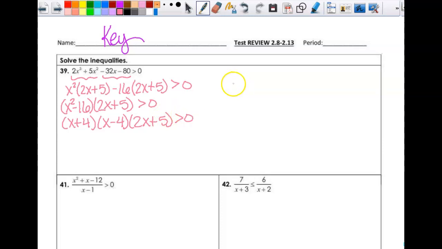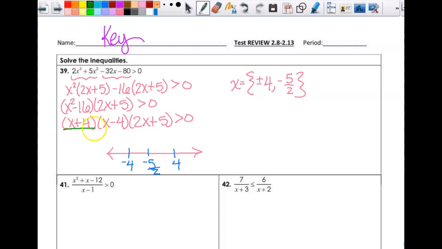My zeros then would be plus or minus 4 and negative 5 halves. So I need to put those on a number line. So I would have negative 4, negative 5 halves, and 4.